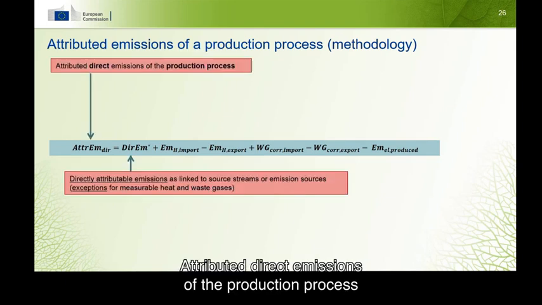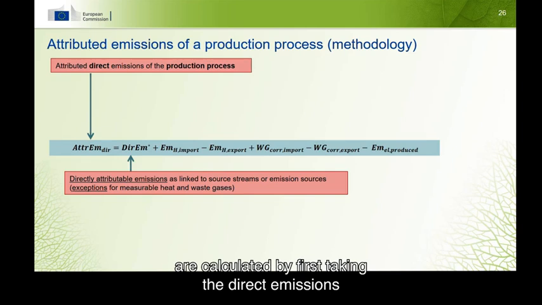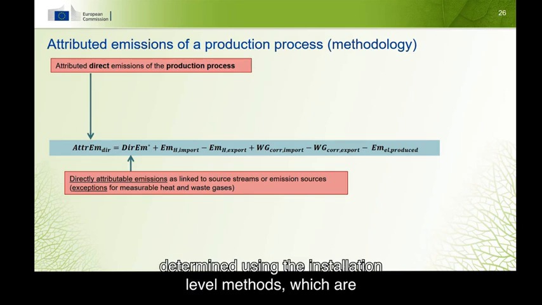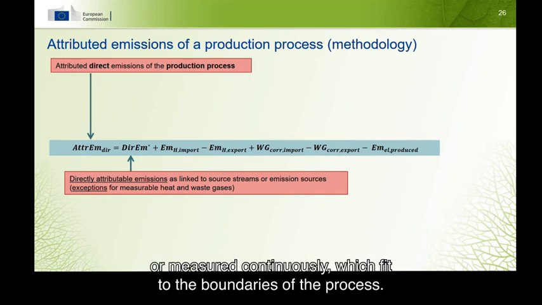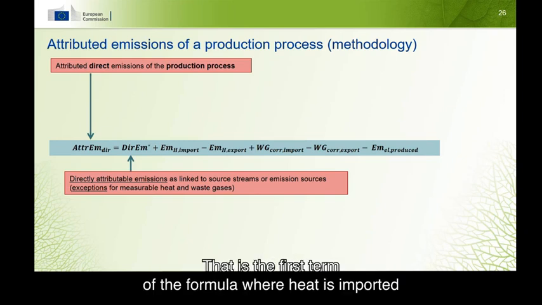Attributed direct emissions of the production process are calculated by first taking the direct emissions determined using the installation level methods, which are the emissions caused by fuels and process materials or measured continuously, which fit to the boundaries of the process. That is the first term of the formula.